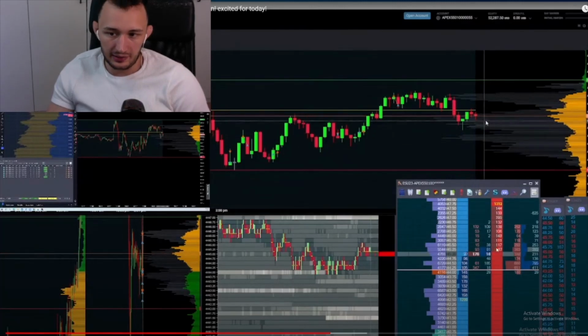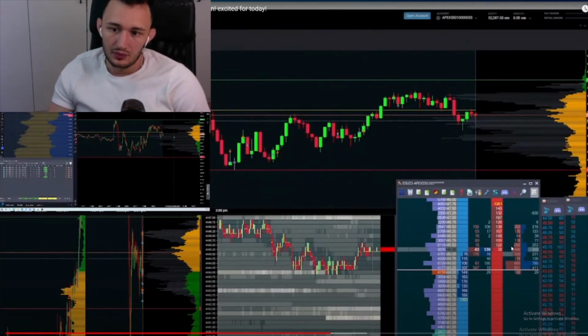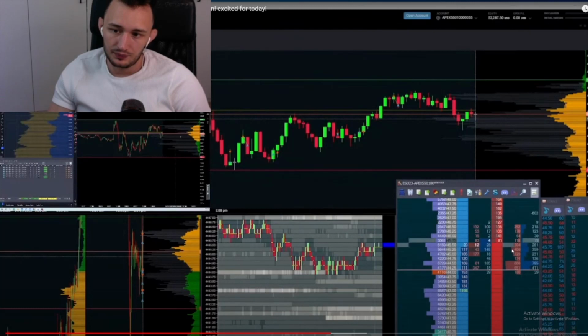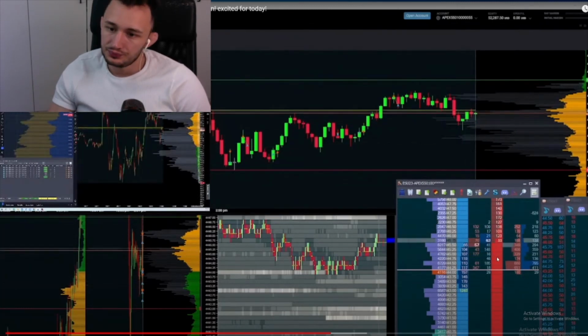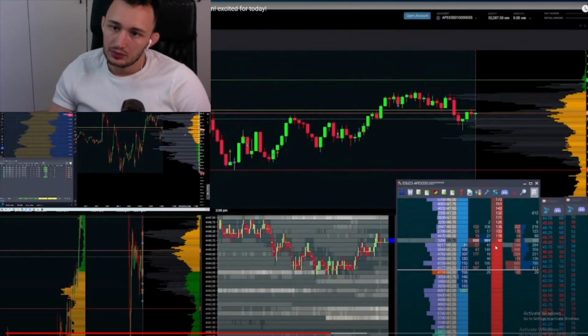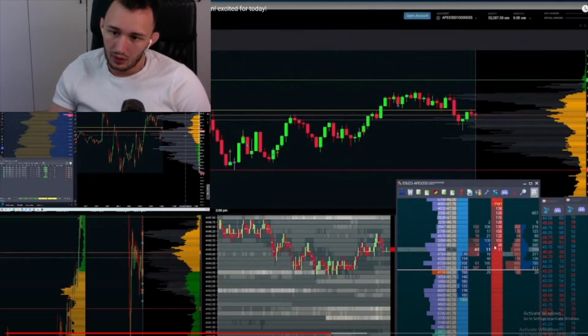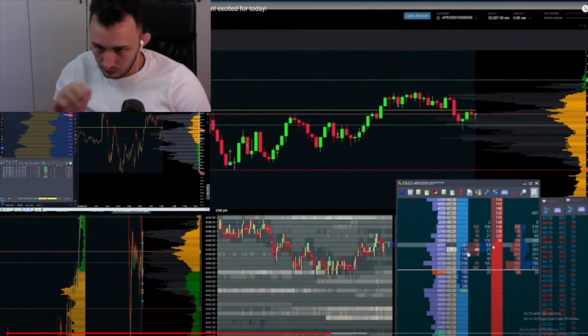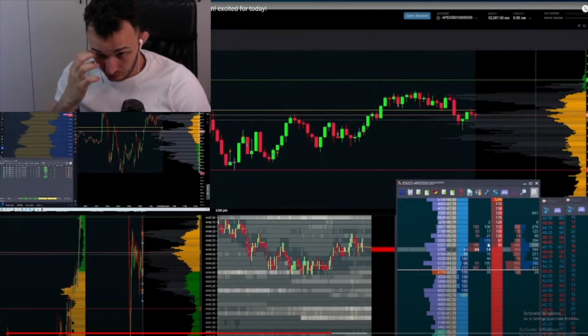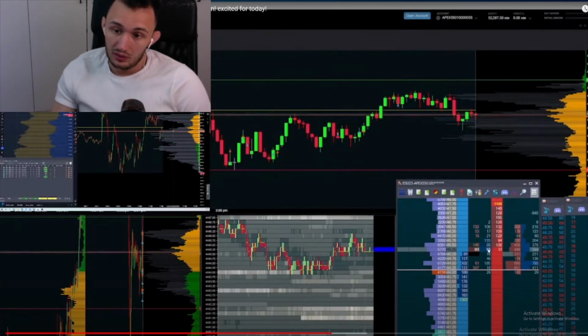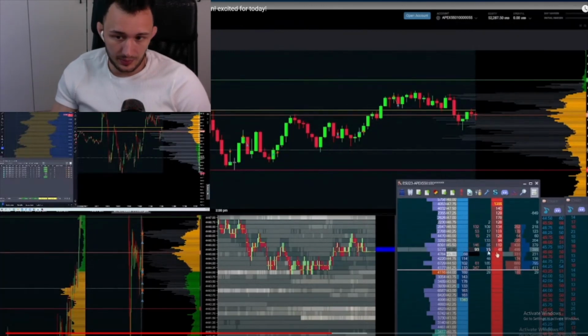So now we are back at the mean of this range, at the middle of this range. We're going through the mean here. We're kind of building volume here, but that's fine.